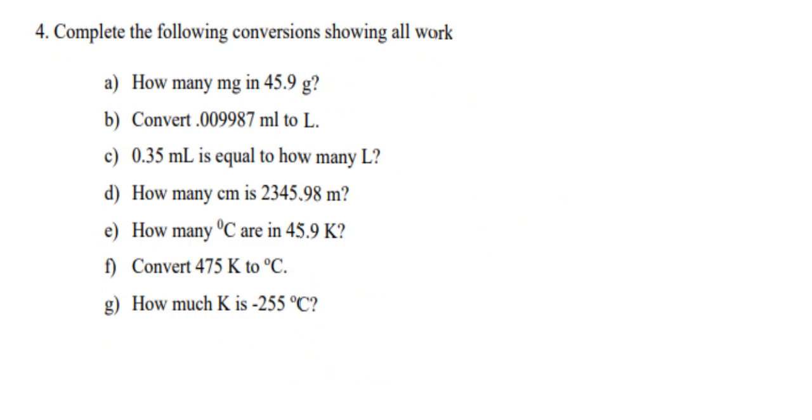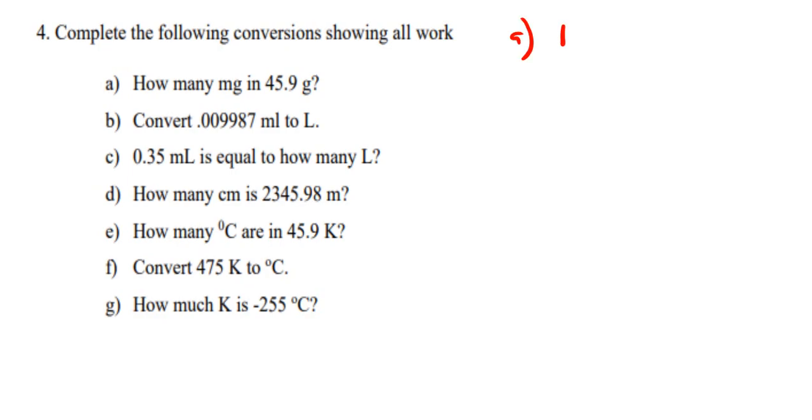Okay, now you know that the conversion factor for A, you know that 1 gram equals 1000 milligrams. So that is the conversion factor. So now that we have the conversion factor, you are going to have 45.9 grams multiplied by 1000 milligrams over 1 gram.